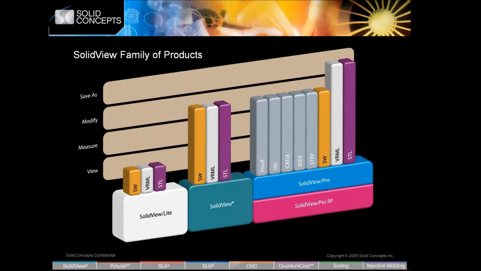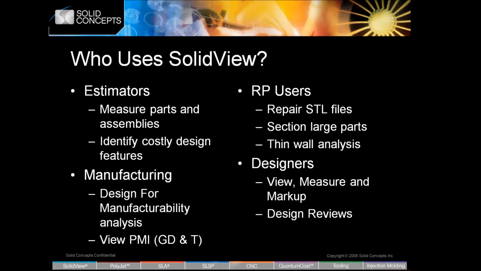We've listed some of the more popular ones here. There are actually quite a few other ones, and you can check our website if you need information about a particular CAD interface. And last but not least, SolidView has its own format, which is a SolidView document, and all of the products can view that data as well as measure it. Again, it gives you some modification functionality in SolidView and the Pro products.